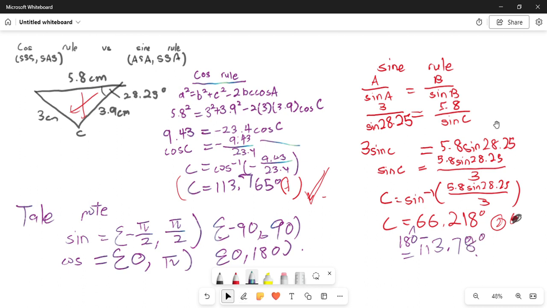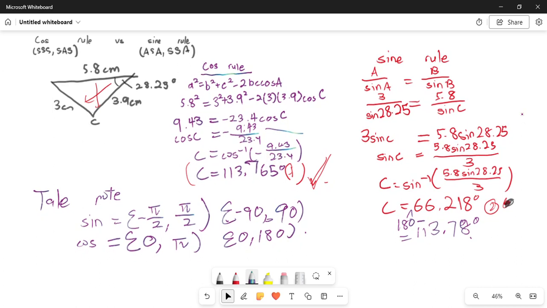Why? When I said 180 minus, it means that from this diagram, I'm actually calculating further. So you see this, let me just draw it out. I'm actually calculating like this, you know. I'm just going to make a sketch. Because this is 3, that means this is an isosceles, this is also 3.